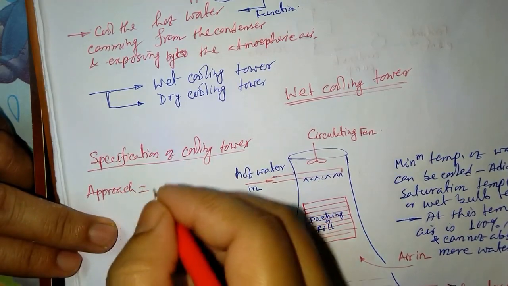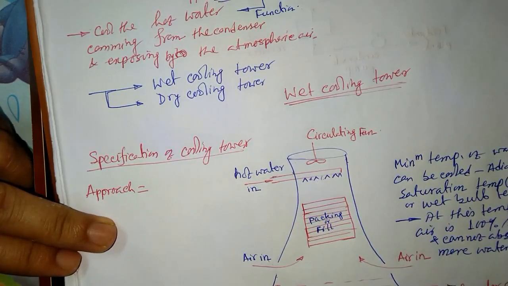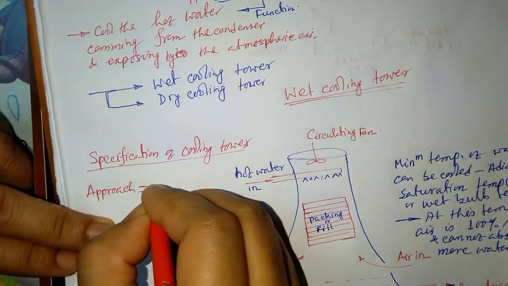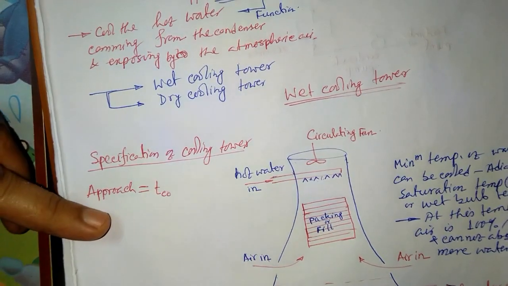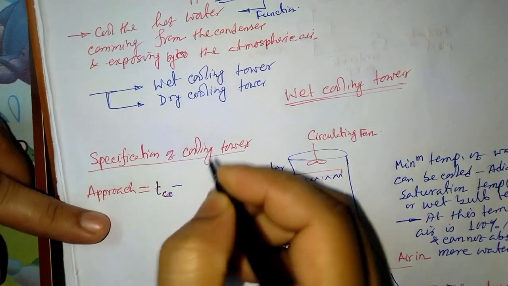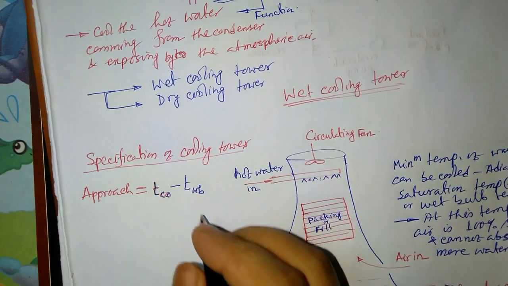This is the temperature difference between the exit temperature of the cold water and the wet bulb temperature. So we can say that approach is TCO, exit temperature of cold water, minus T wet bulb temperature.